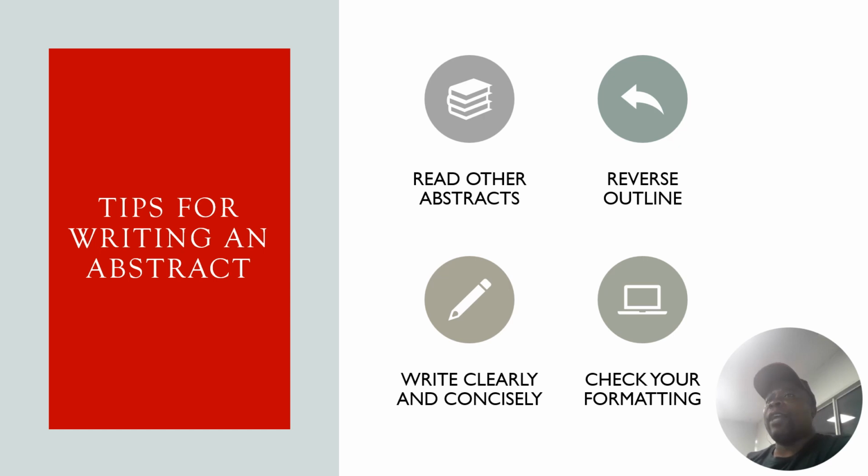What are the tips for writing an abstract? The first thing is you need to read other abstracts, especially abstracts in your faculty or in your department. If you're coming from law, try to read a lot of abstracts from the law department.